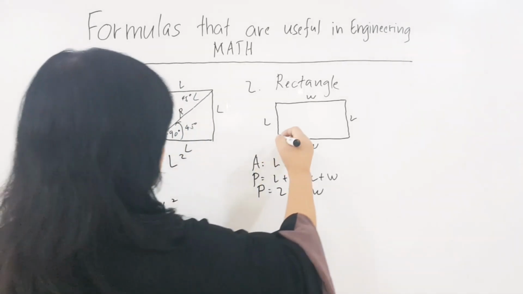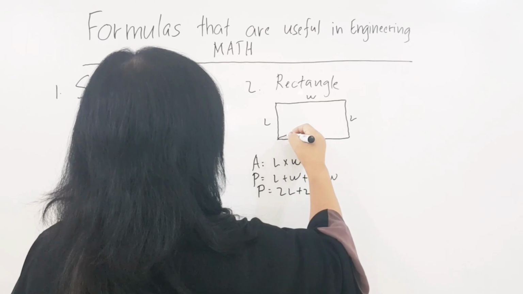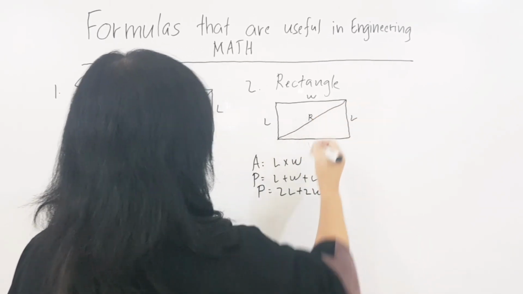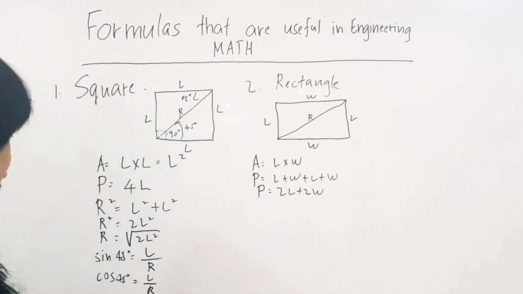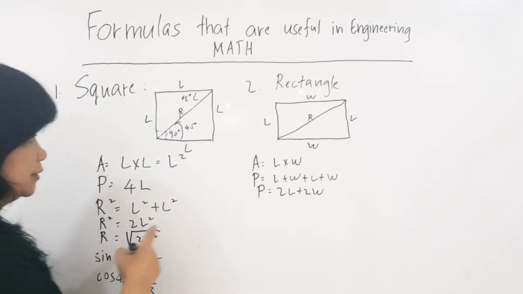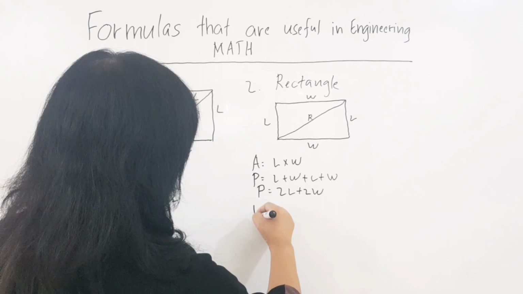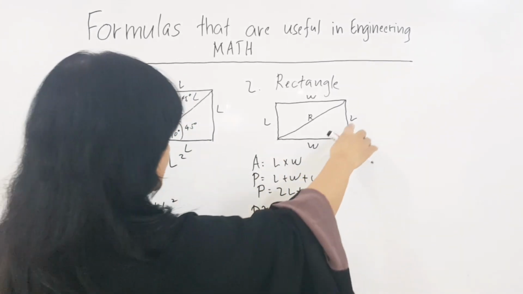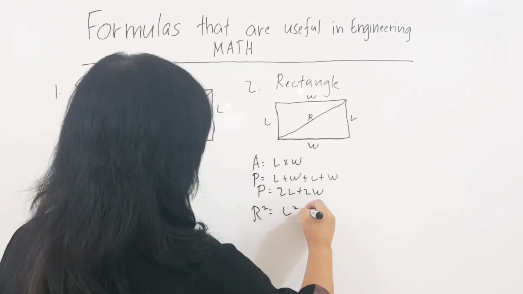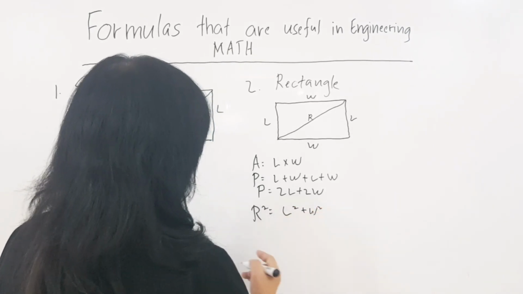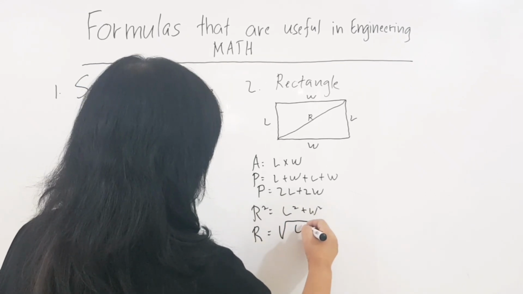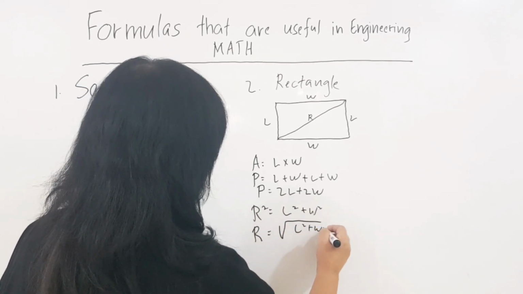And of course, if you will find the diagonal R, same as in a square, use the Pythagorean theorem: R is equal to the square root of L squared plus W squared.